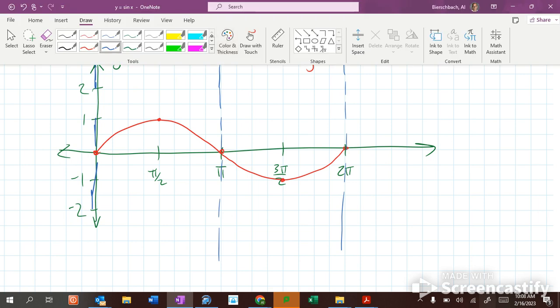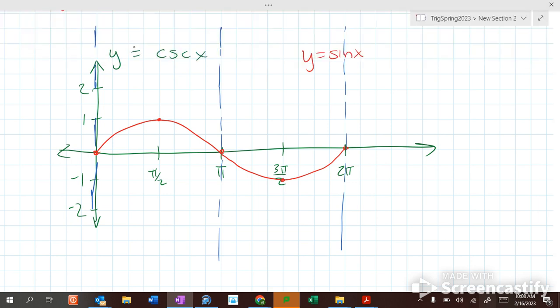And then the cosecant is a parabola. Again, this is what's going to cost you points on the test. I've seen this done before. That doesn't cut it. No, not at all.